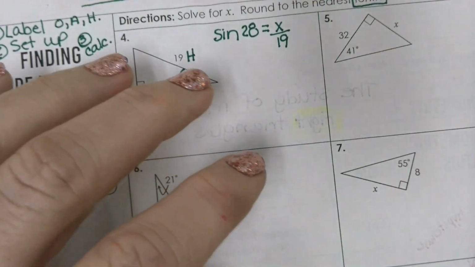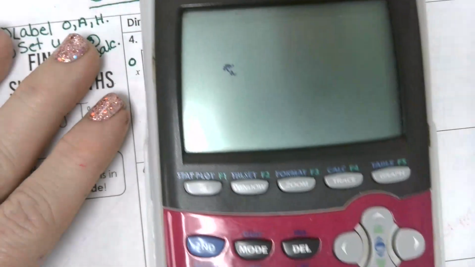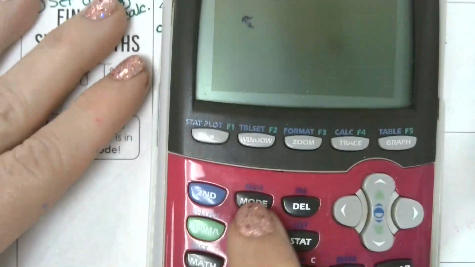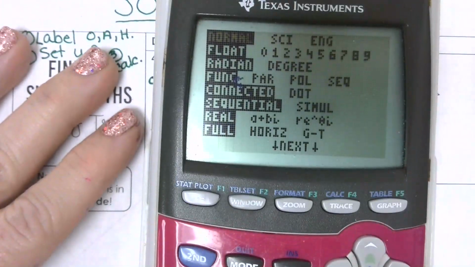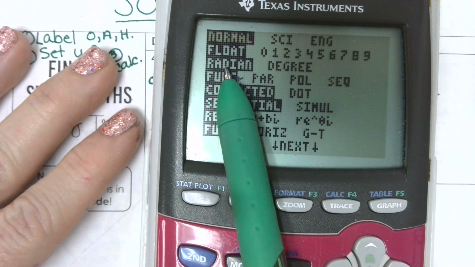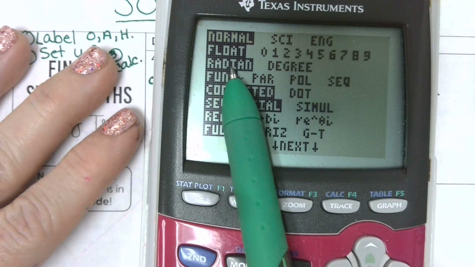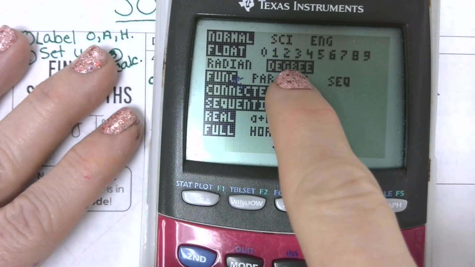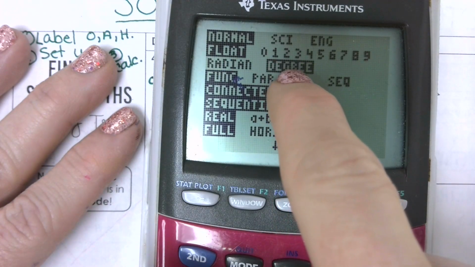If you have a graphing calculator, we need to hit mode, and you can see mine's on radians because I just changed my batteries. I need to have it on degree. So I'm arrowing down and arrowing over and hitting enter, and it puts the dark black box on degree.